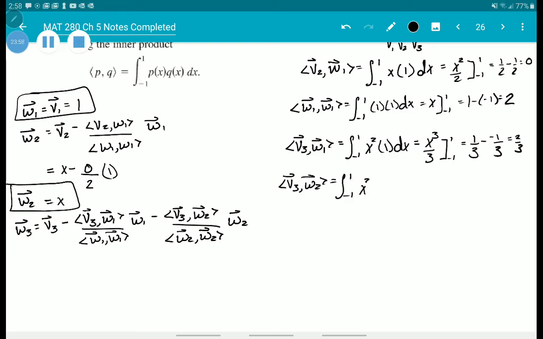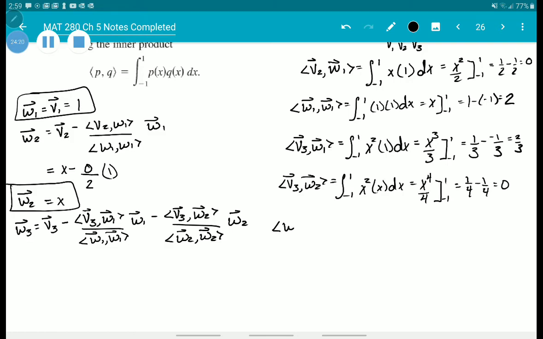V3 is x squared. W2 was x. So we're integrating x cubed, which is x to the 4th over 4, going from -1 to 1. So we're going to have 1/4 minus 1/4, which is 0.